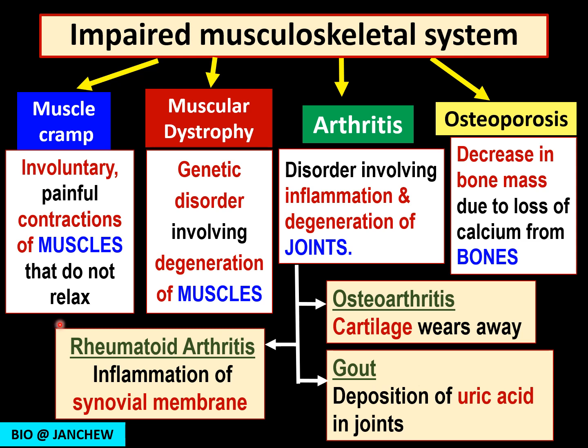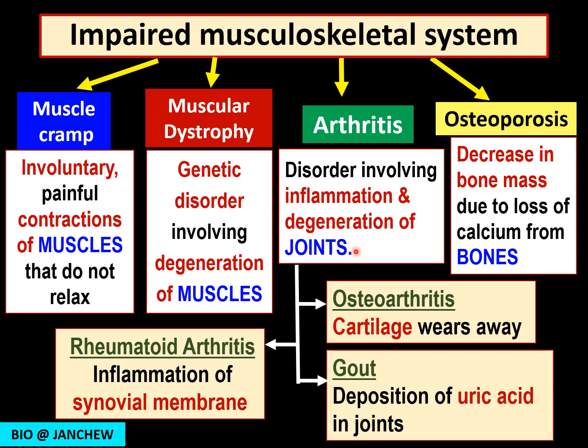Let us refer back to the overview which was provided in the first lesson on impaired musculoskeletal system. In the first video we discussed muscle cramp, muscular dystrophy and osteoporosis. So in this second video, we will discuss arthritis, which is a group of diseases, or a disorder involving inflammation and degeneration of joints.